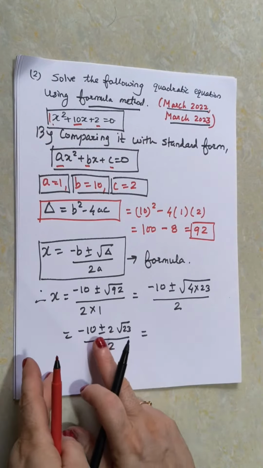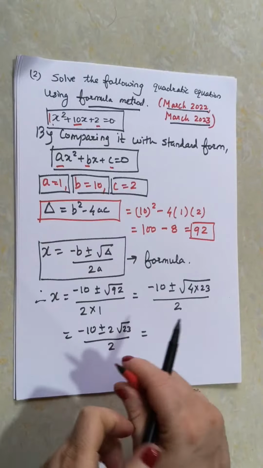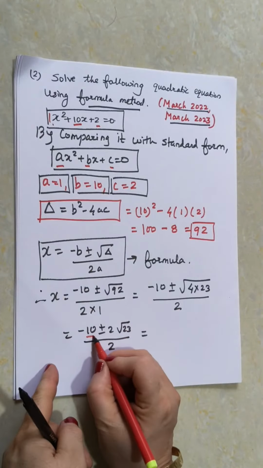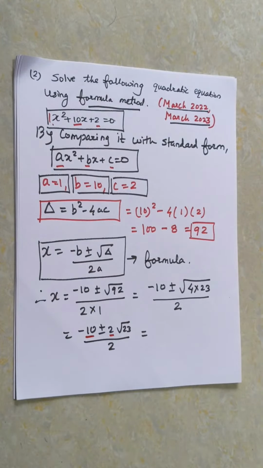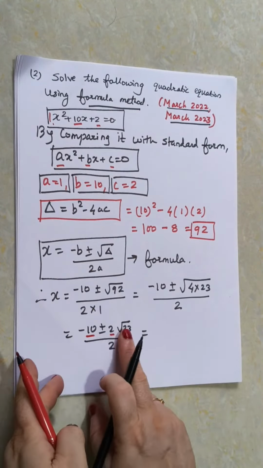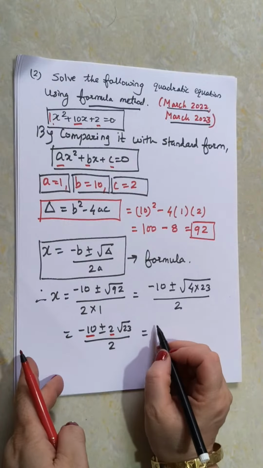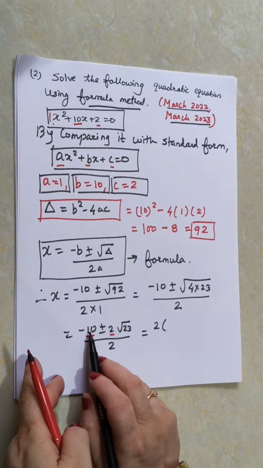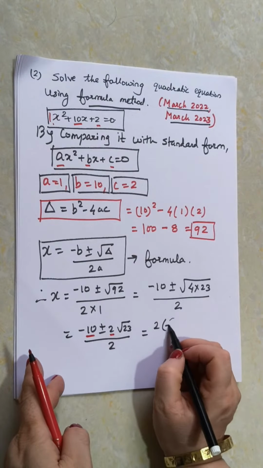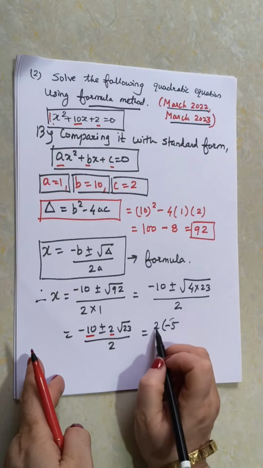Now see here, 10 and 2. 2 fives are 10 and 2 ones are 2. So from the first and second term we can take 2 common. So if I take 2 common, 2 how many are 10? 2 fives are, so negative 5 will come. This 2 has come out.